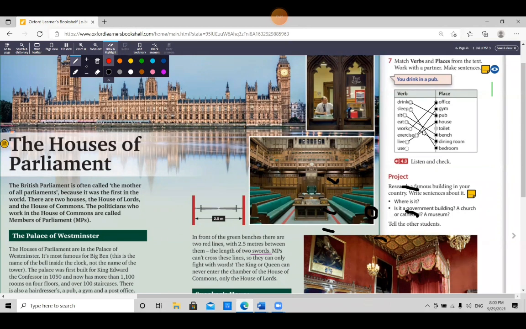So sit on a bench, eat in the dining room, work in the office, exercise in the gym. You know the gym where you can play sport, and live in a house. Use the toilet. If you go to the bathroom, you say, I use the toilet. So these verbs actually come with these places.